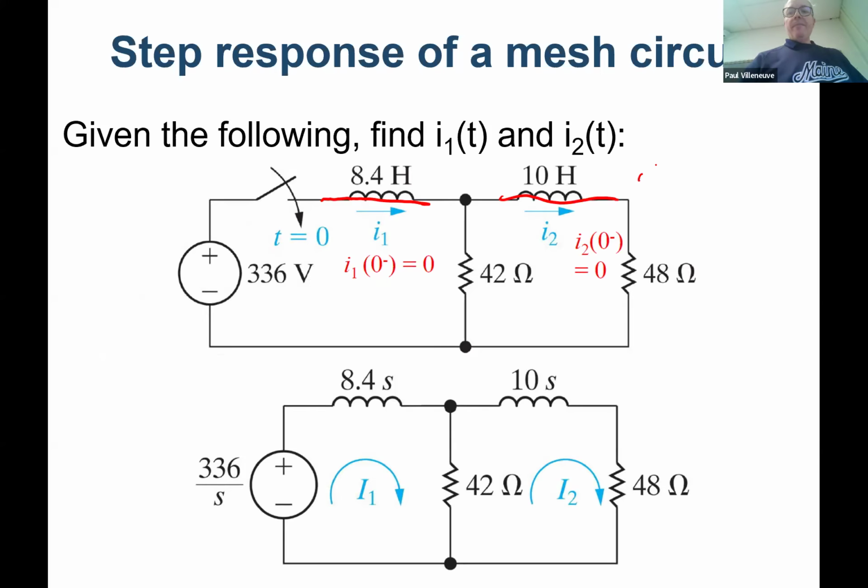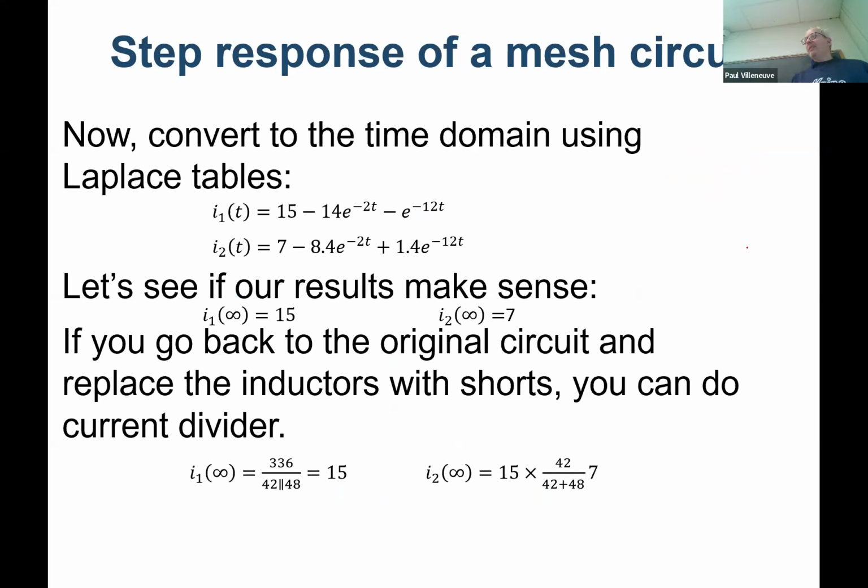So I1 of infinity is equal to 336 divided by the parallel combination of 42 and 48. What about I2? That's 336 divided by 48, right? So you can see that that equals 7. And the other one equals, I think it's 15, is what it works out to be. So we're feeling pretty good about our numbers because they make sense.